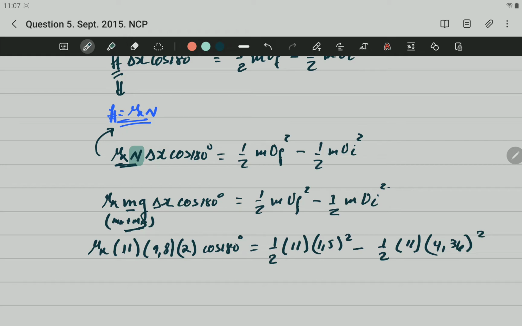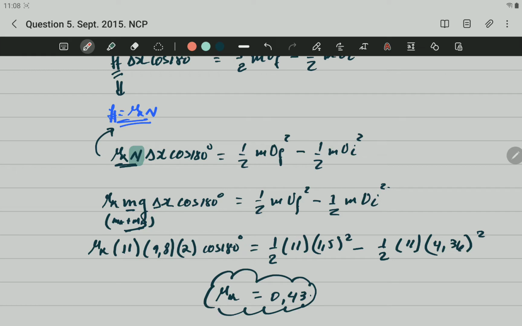And then that is all. You can then just calculate the kinetic coefficient of friction, and when you do the calculations, please redo the calculations, okay? It is 0,43. This is the answer for this specific question.